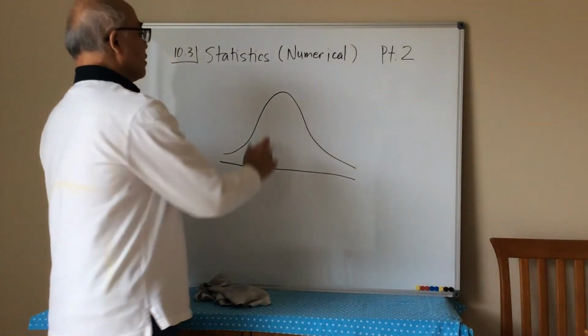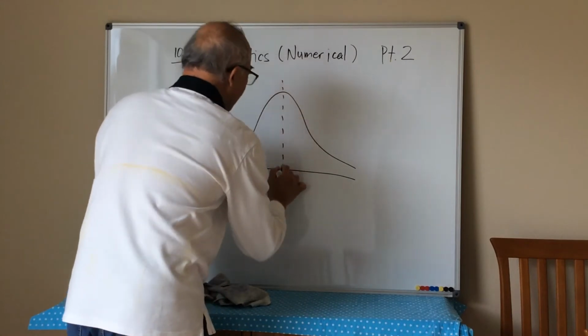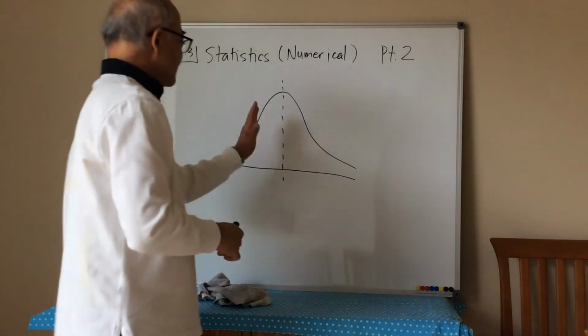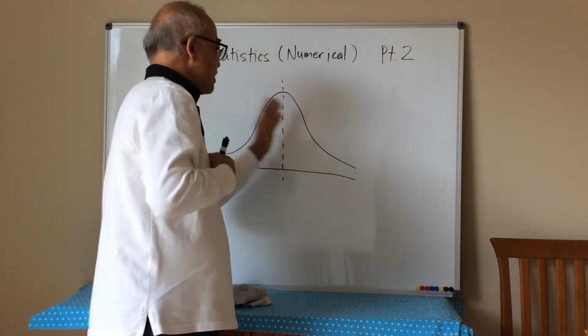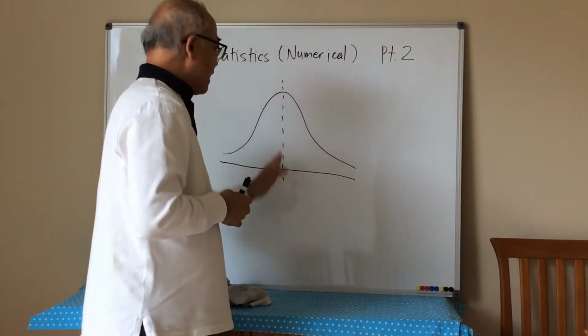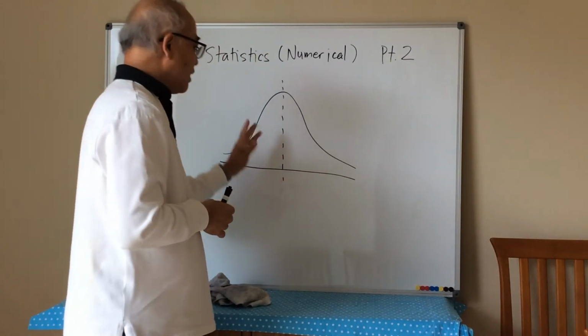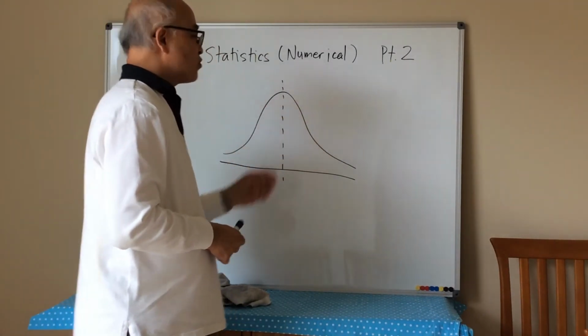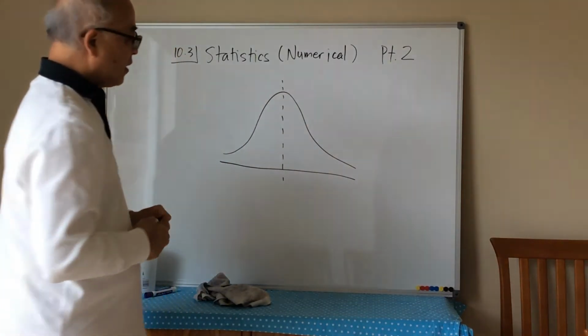Normal distribution bell curve looks like this. Okay, this is symmetric. This is exactly symmetric across the mean, or the mean and the median are the same, okay? So the mean and the median are the same, and it's going to be symmetric across each other, okay?